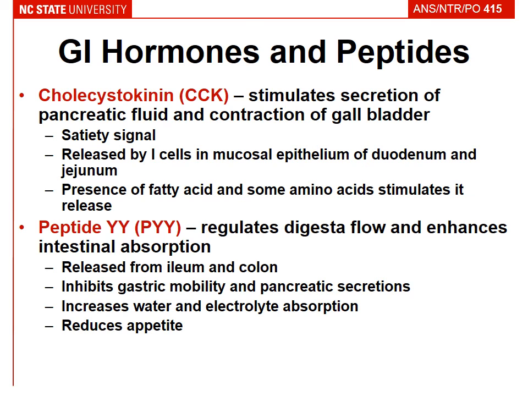It's released by the I cells within the mucosal epithelium of the duodenum and the jejunum. And when you have a lot of fat and protein within your diet, that's what's going to cause its release. Makes sense, because we needed to cause the gallbladder to be released, the pancreatic enzymes to be released.